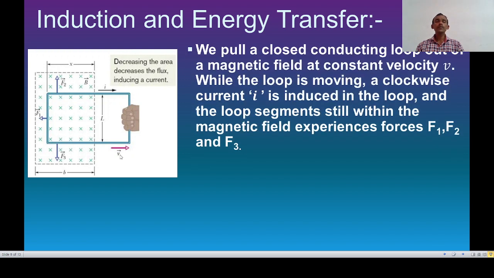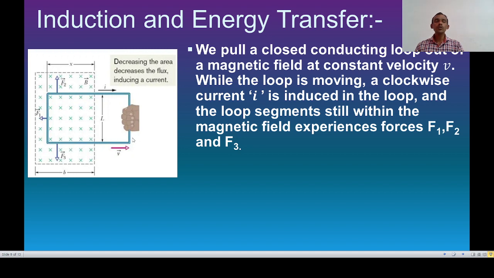We pull this closed conducting loop out of the magnetic field, that is, we move this loop towards the right with a constant velocity v.